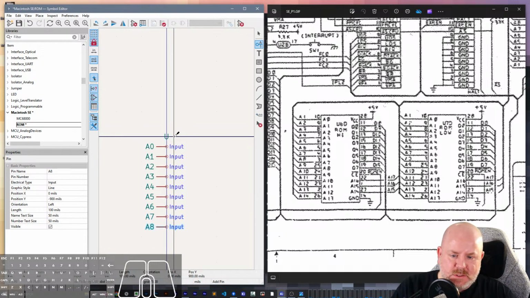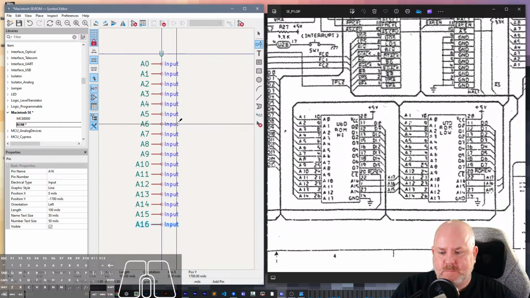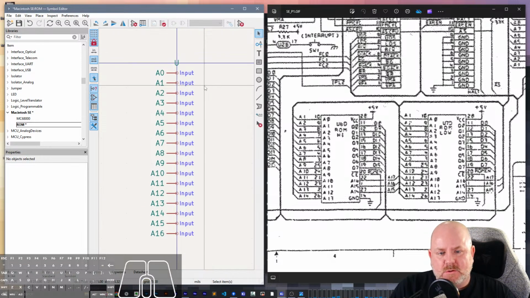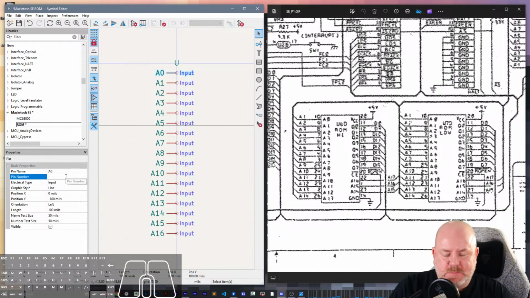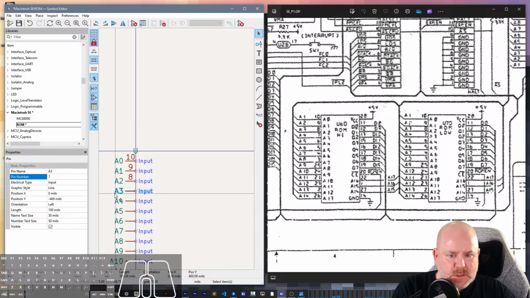I see 14 maybe. 16. Right? And then nothing else. Sometimes I'll try to use a standard ROM symbol and then modify it. I just feel like that's as much work as doing this. So I just figure we'll do it real quick.